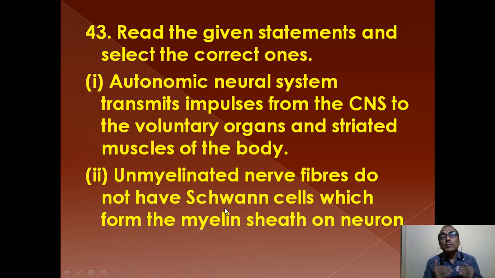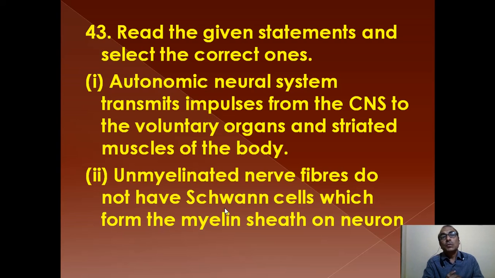Even the non-myelinated or unmyelinated nerve fibers do have the covering of the Schwann cells, but these Schwann cells are not enriched with phospholipids. They are flat, thin cells without the phospholipids. So therefore there is no formation of myelin sheath.